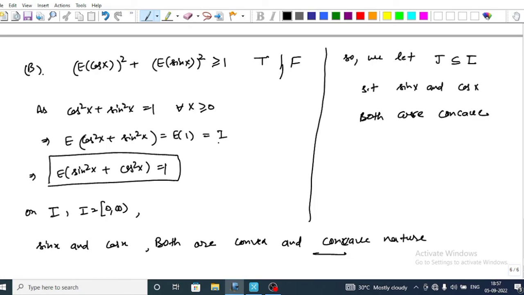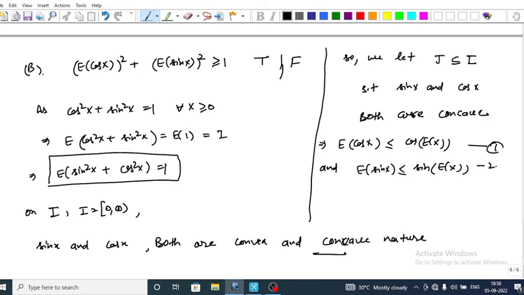So this implies that expectation of cos x less than or equal to cos of expectation of x and expectation of sin x less than or equal to sin of expectation of x, say 1 and 2.